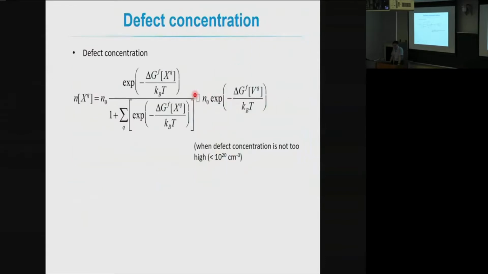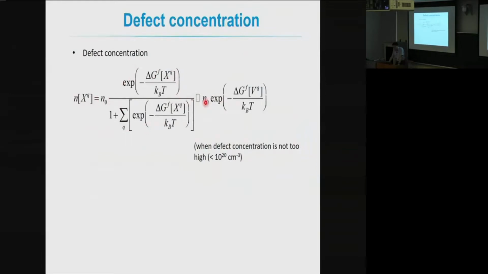And also, this energy gives you the concentration of the defect. From basic statistical mechanics, by considering this entropy term and minimizing your free energy, you can obtain the defect concentration in general like that.